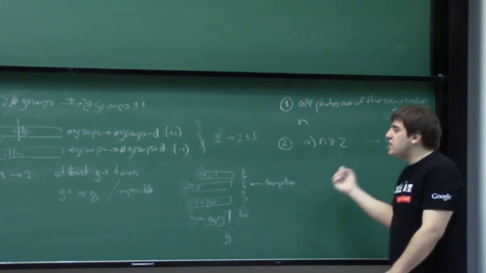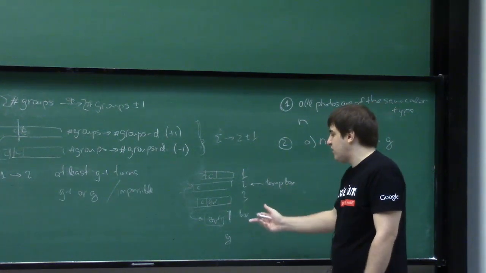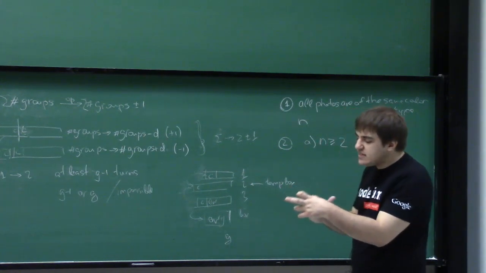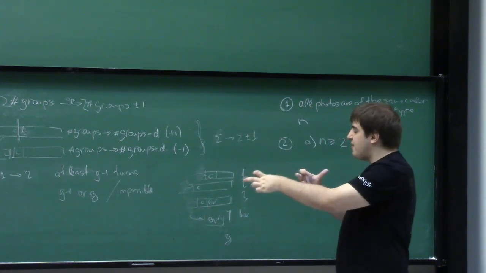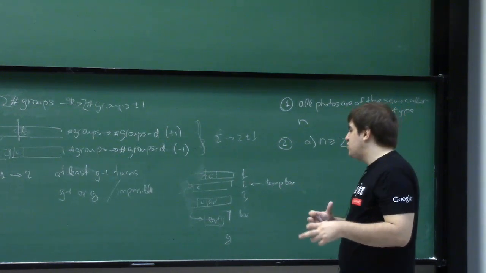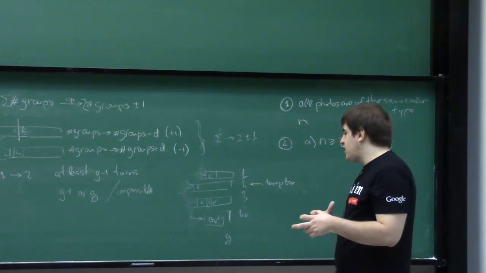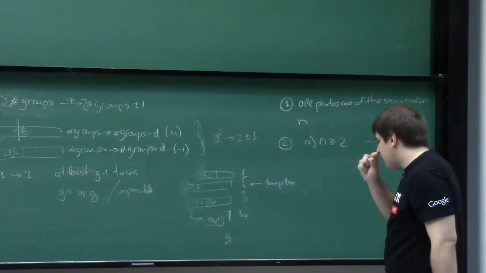But let's see when it is possible to get G minus 1. What is the unoptimal place in our algorithm? The unoptimal place is when we got all our colored photos and put them above the black and white photos, and we didn't actually join anything here. Sorry, I think I'm wrong.